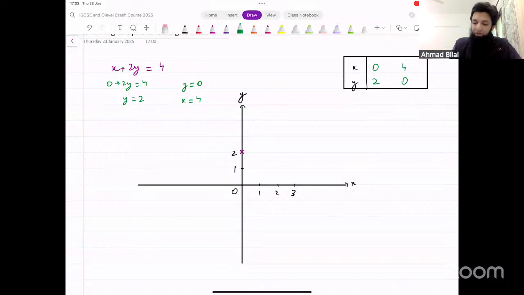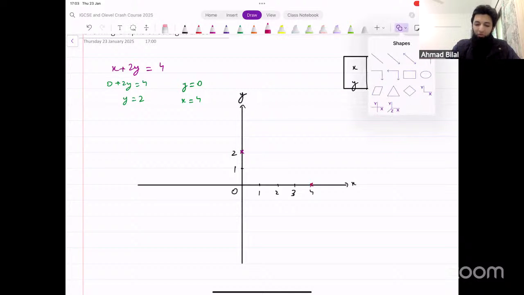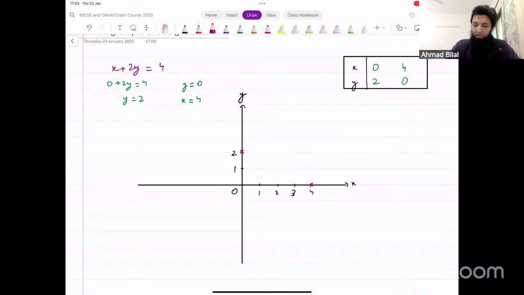That's another point. You can mark that point on this diagram, and that is right here. So we have marked these 2 points. All you have to do now is join these 2 points with a straight line. And that's it. Okay. And that will be the graph of the straight line.